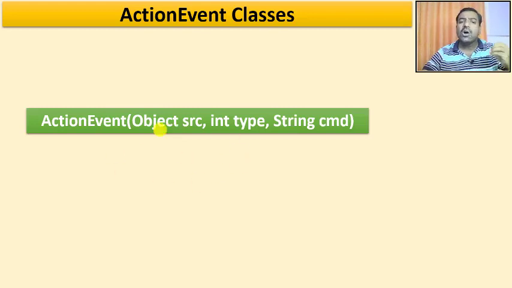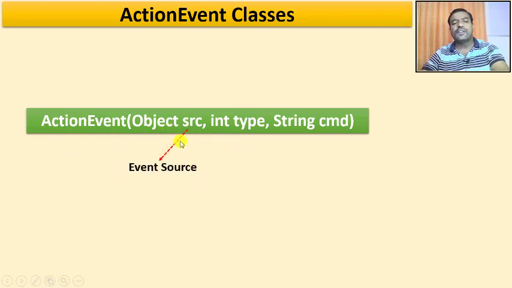The first parameter is the event source from where the action has evolved, been created, or been triggered. If I talk about any other class hereafter, all of them should have a source, which is the object that gives me an event.